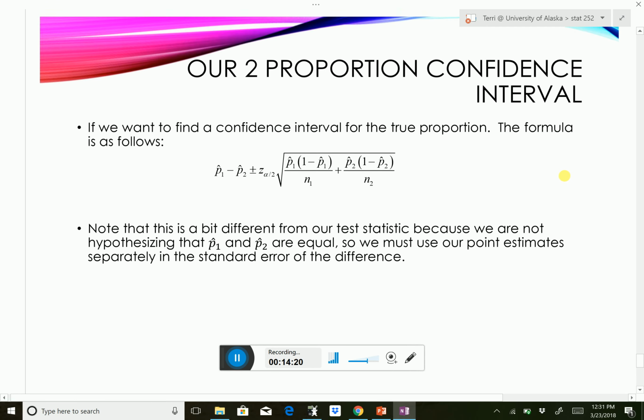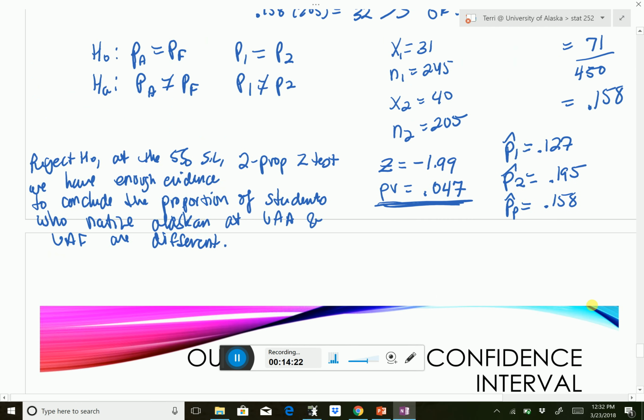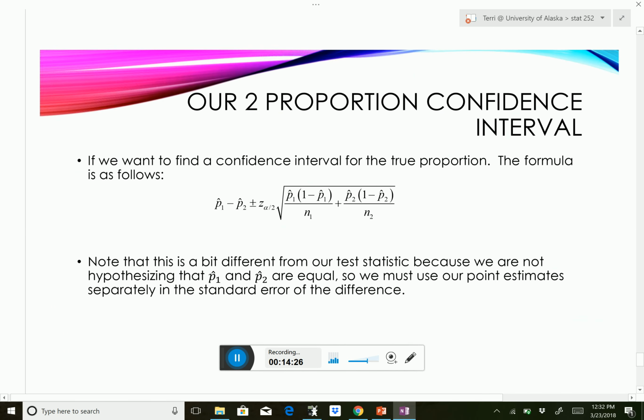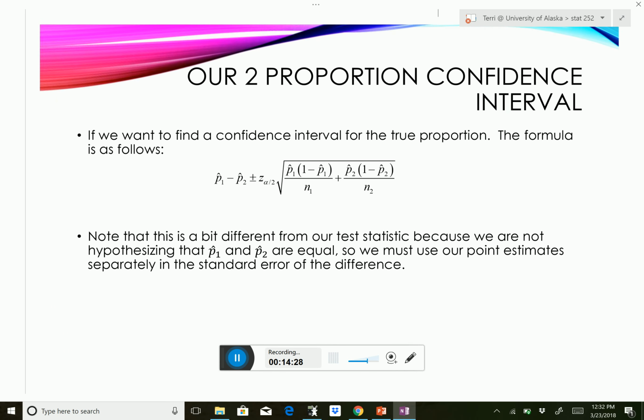let's talk about a confidence interval, and I'll just stay here for just a second, or you can pause it. Ready? Go. Okay. So our 2-proportion confidence interval. Now, this is what it looks like if we do it by hand. So we just take our P1 hat minus our P2 hat because it's a confidence interval for the difference in true proportion.